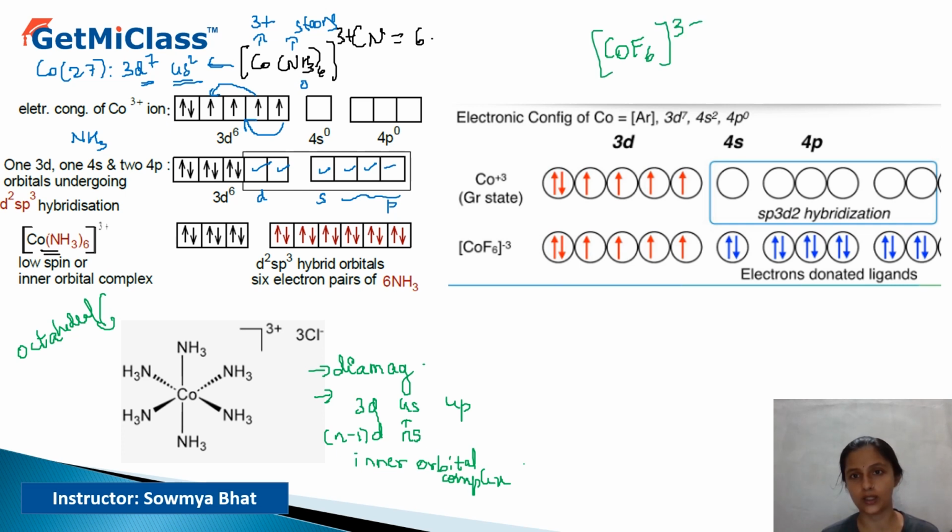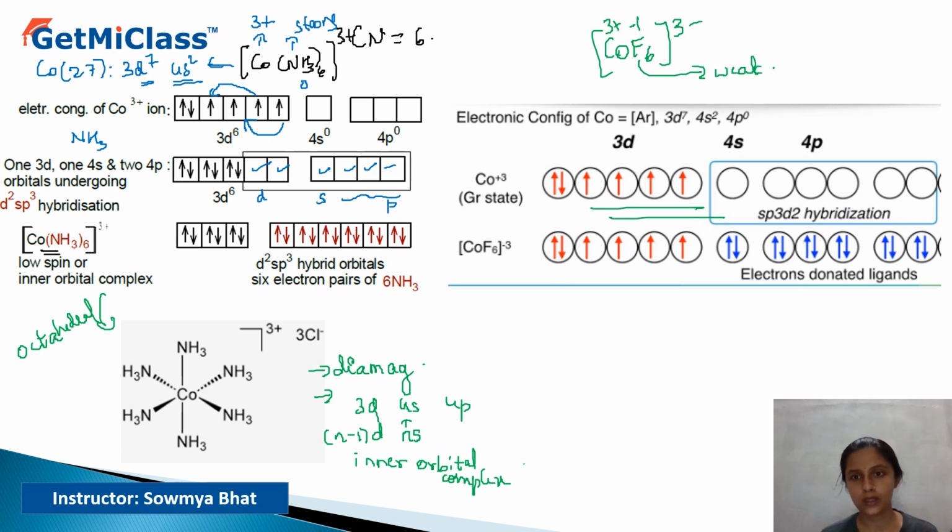hexafluoridocobaltate(III). Here fluoride is a unidentate ligand and it is a negative ligand, so the charge is -1. If you calculate the charge on cobalt, it will come out as 3 plus. The configuration will be 3d6 in the case of the 3 plus state. And here the ligand, a halogen, is considered a weak ligand, because of which it can't pair up the electrons.